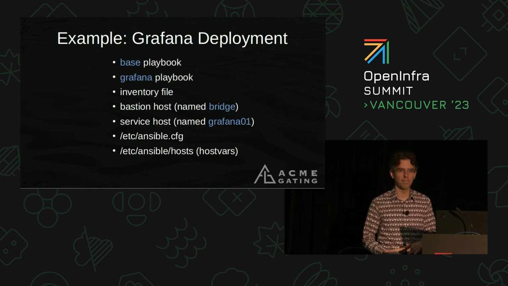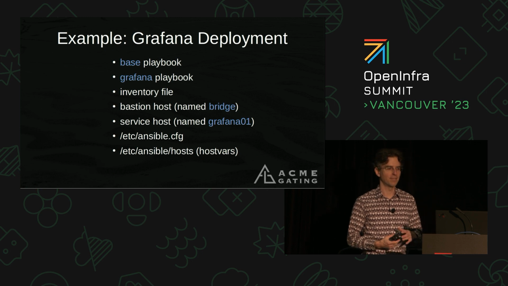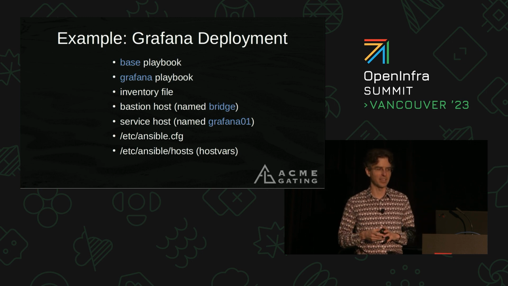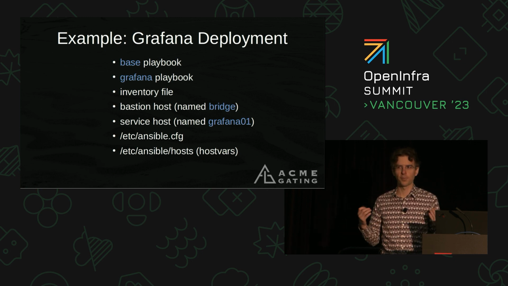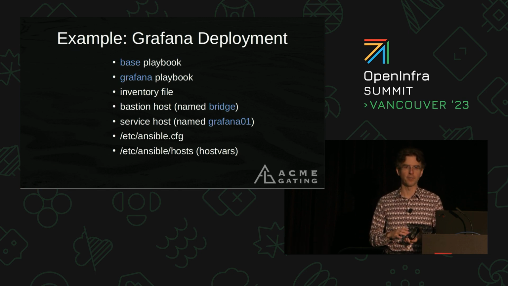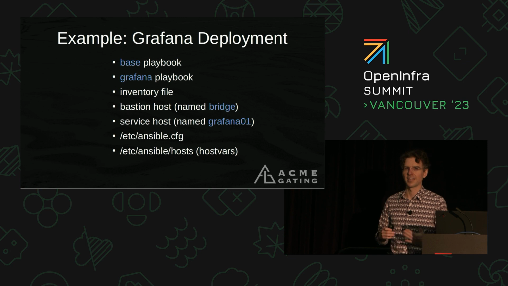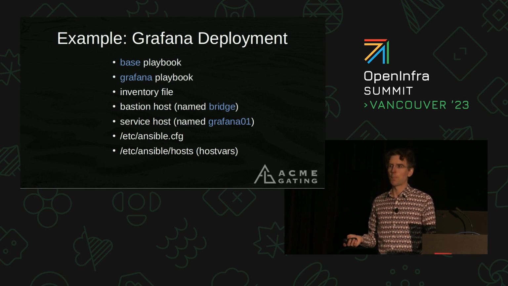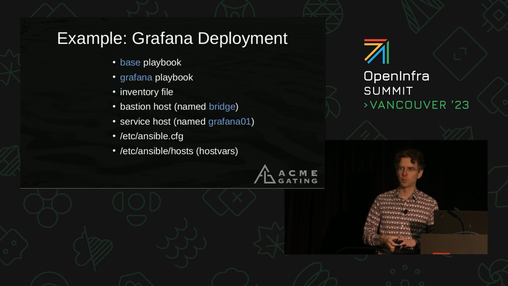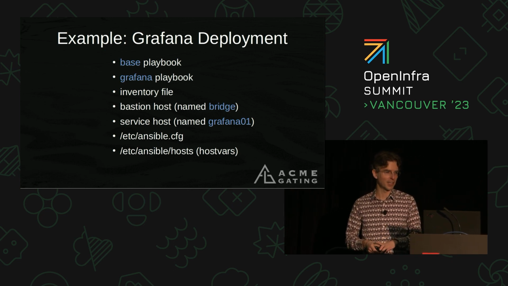Because I'm a hands-on person, I'm going to walk you through a very specific example of how we do this, our Grafana deployment. I chose this because it's probably pretty relatable. Maybe not everybody in the room runs a Gerrit, but probably more people run a Grafana.